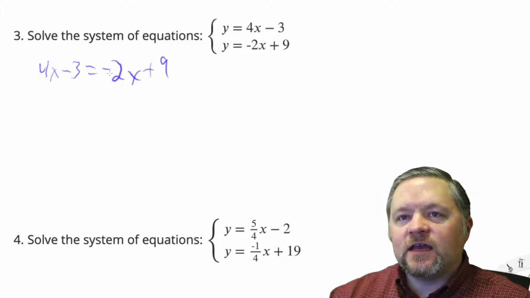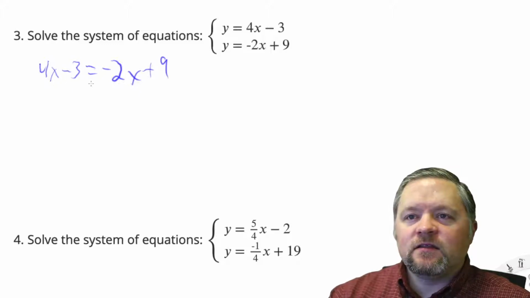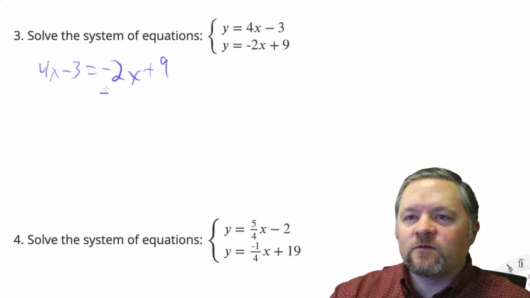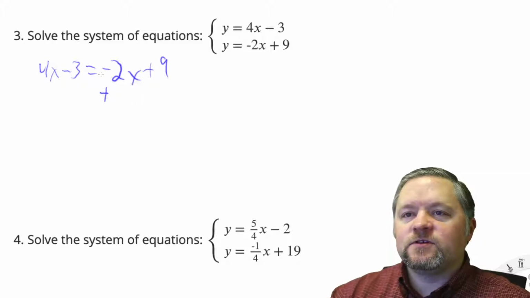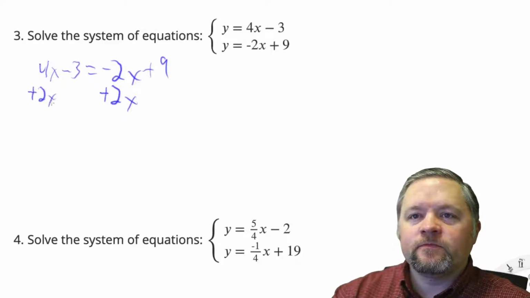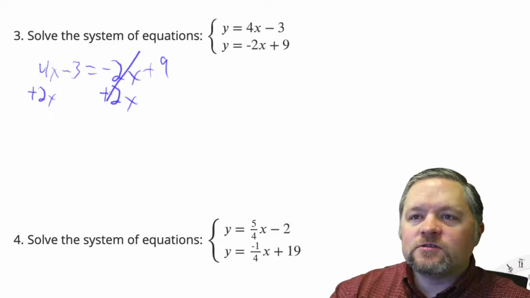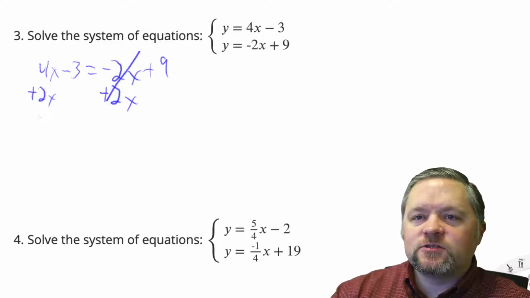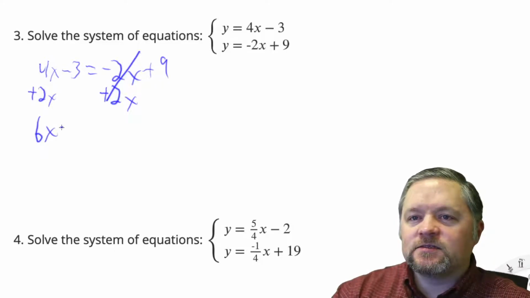Now, let's get all the x's on one side. The left has more, so let's get rid of them from the right. How do we get rid of subtracting 2x? We add 2x. Do it to one side, we have to do it to the other. Those cancel, and 4x plus 2x is 6x.